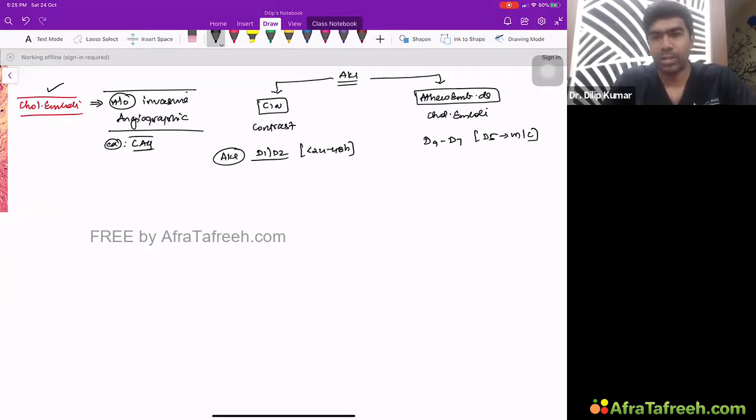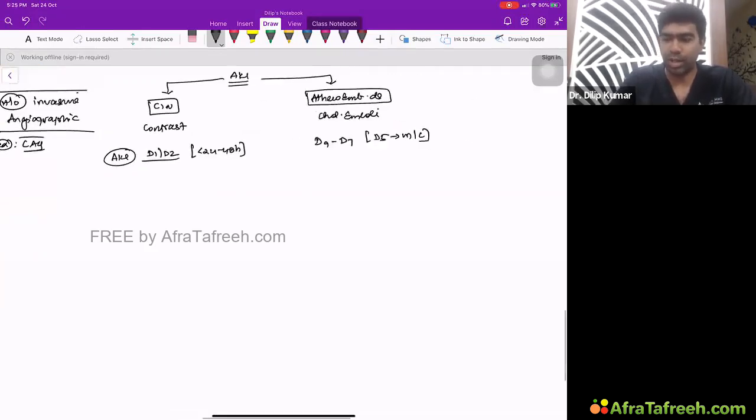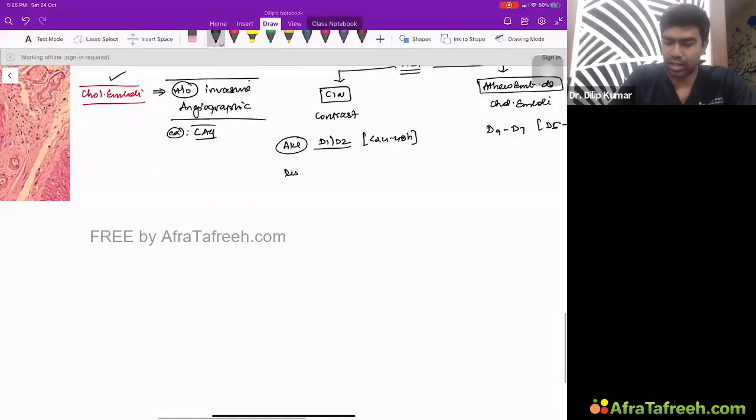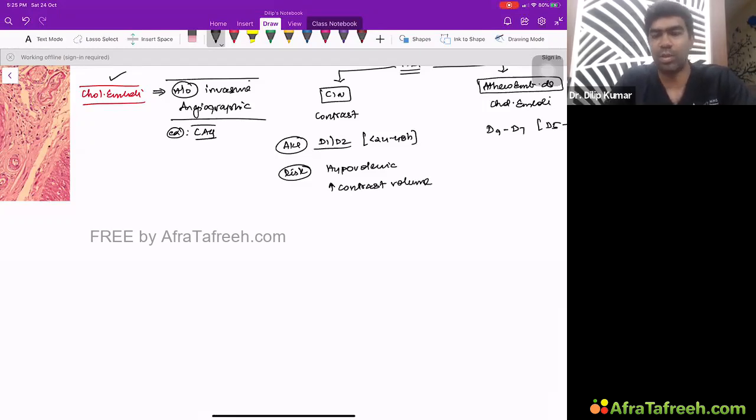So usually in contrast nephropathy, the risks are there. The most important risk is a hypovolemic state. With a hypovolemic state or low hydration of the patient, the risk of contrast nephropathy is higher. Or if you're using more contrast volume, so too much contrast volume, number 2.